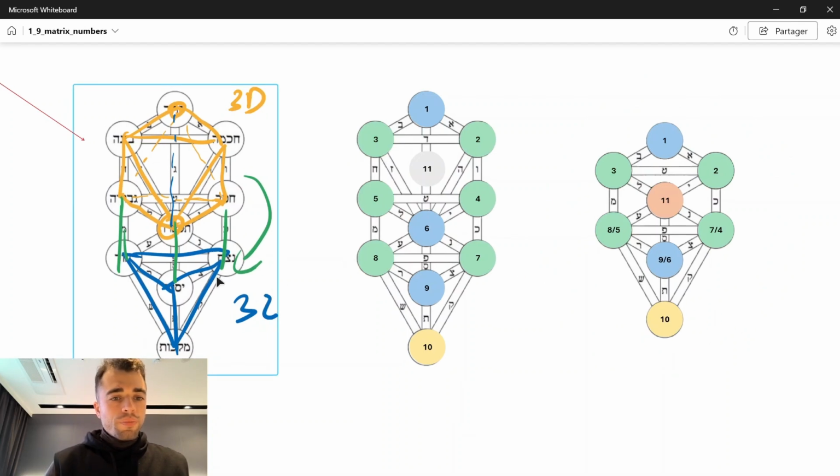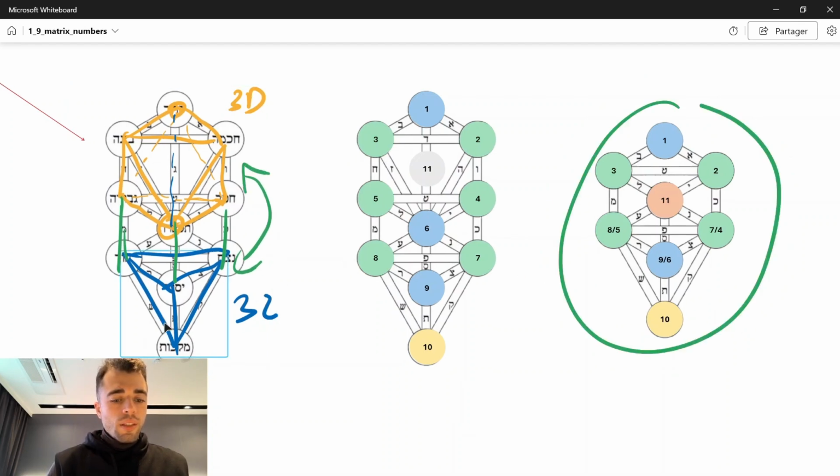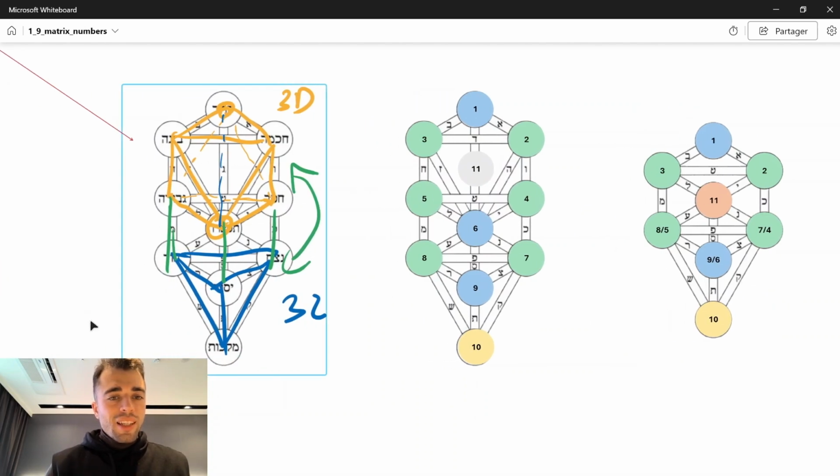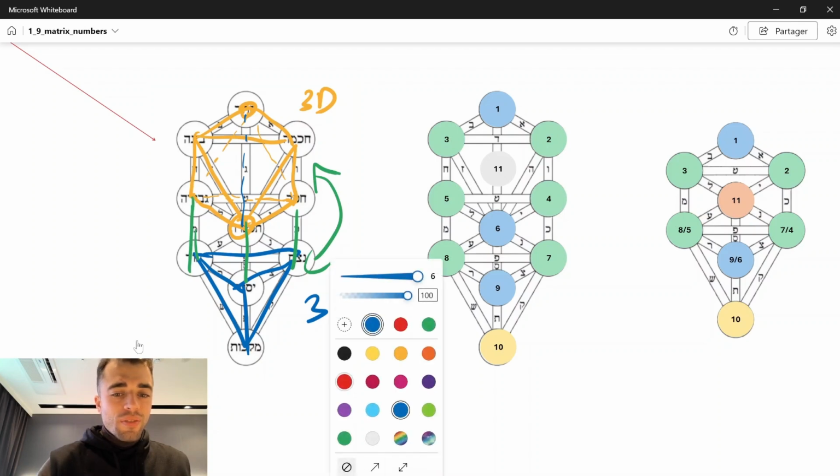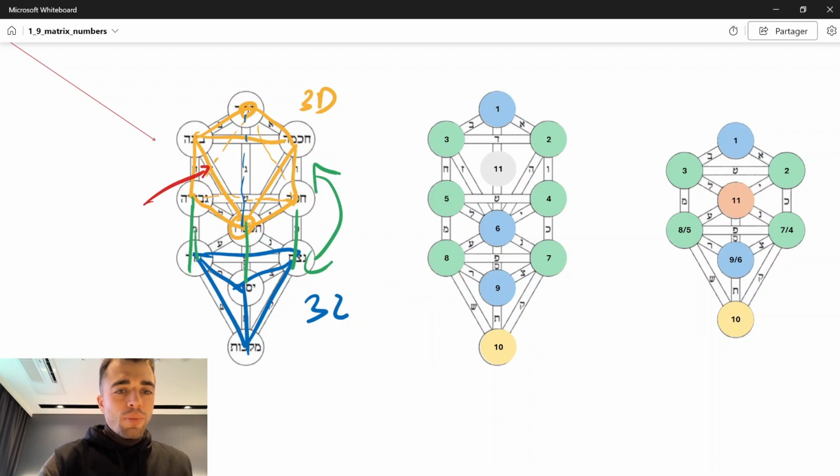Okay, but the thing is that if you do like this, I already talked about this problem, right? Let me show you again. I already talked about this problem, but there is another problem. What is this? Because if this sephira is the front of the octahedron, where are those straight lines going?